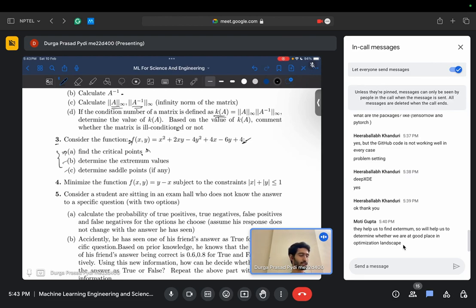Okay, for this problem, the critical points are straightforward. You just take del f del x equal to 0. This should give you critical points. So what are the points you are getting?